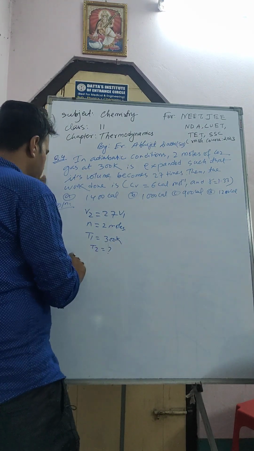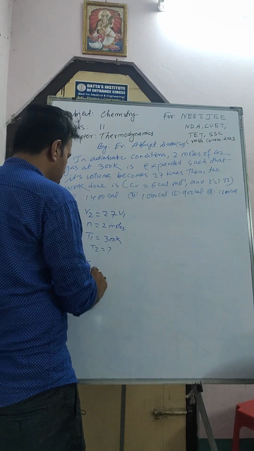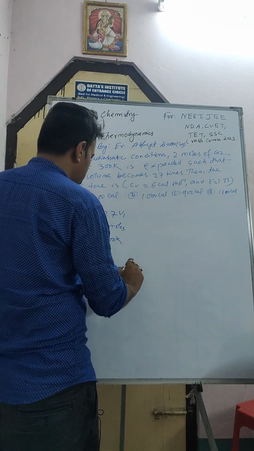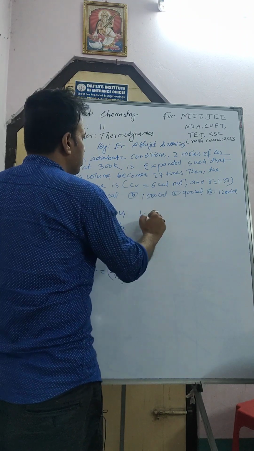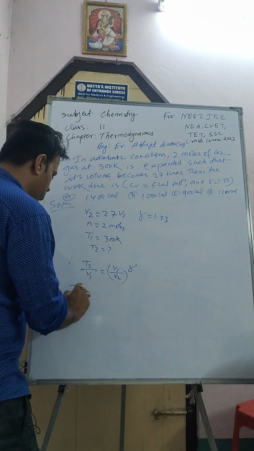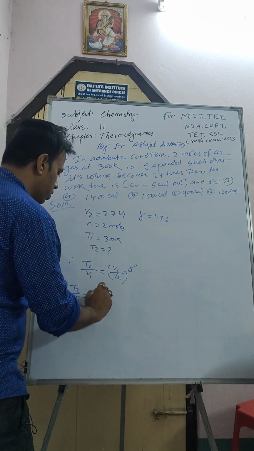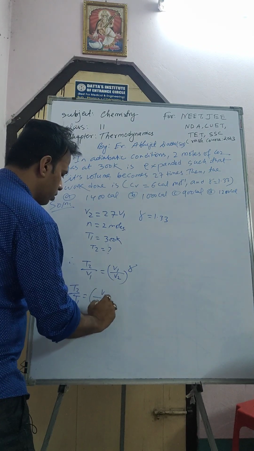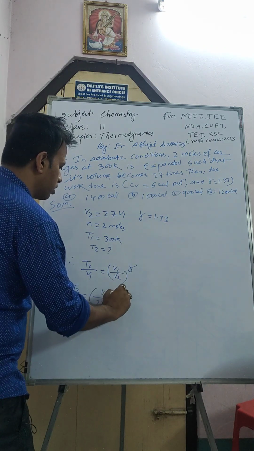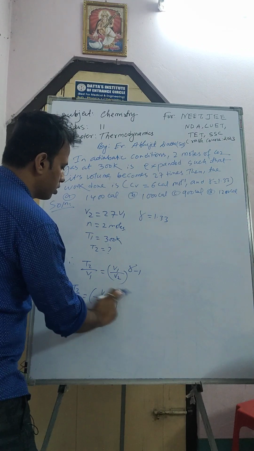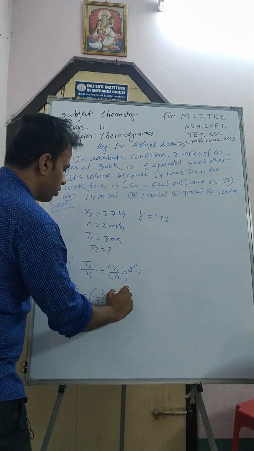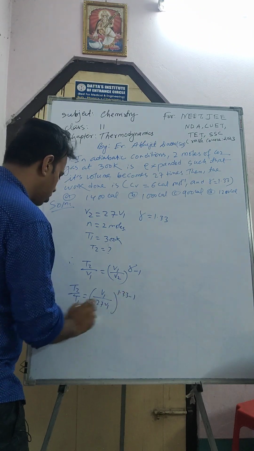Now we know that T2 by T1 is equal to V1 by V2 whole to the power gamma minus 1. Gamma is 1.33, so the exponent is 1.33 minus 1, which is 0.33, meaning 1 by 3.